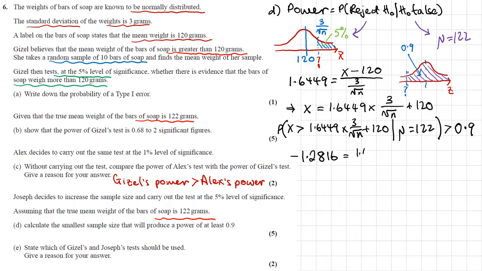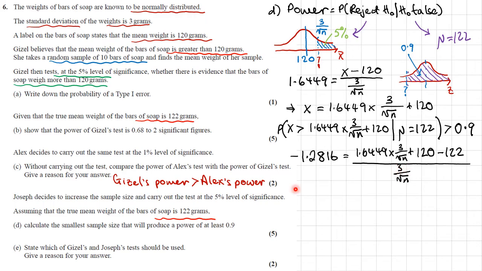So that's 1.6449 times 3 over root n plus 120 minus the mean, and that mean is 122 now, minus 122, over the standard deviation, well that's 3 over root n. So you can see now the only unknown I've got is root n, and I should be able to solve for n.